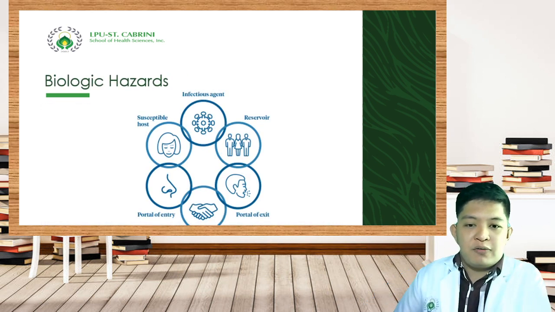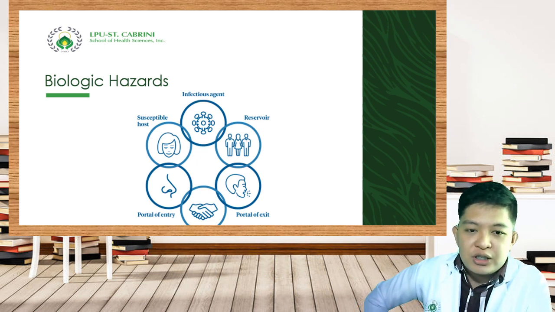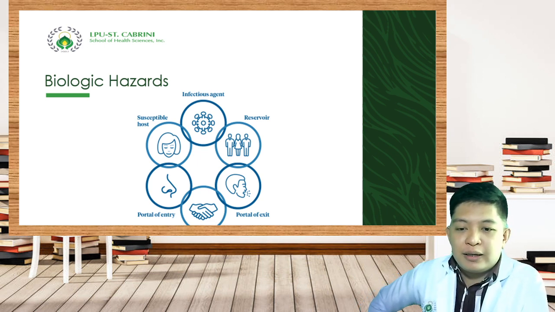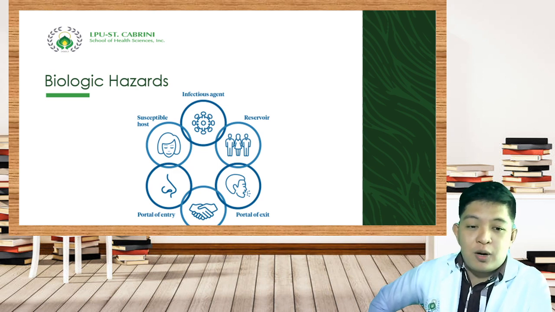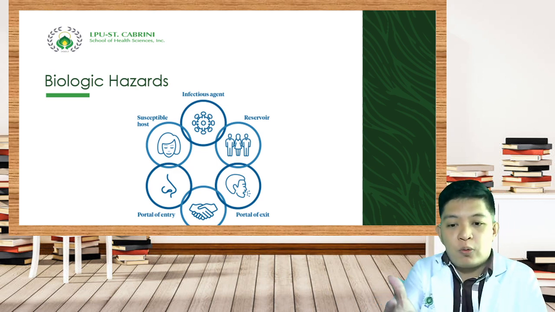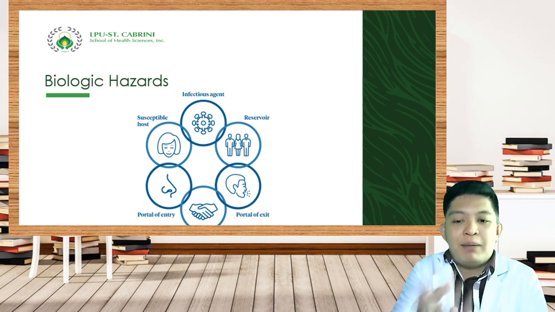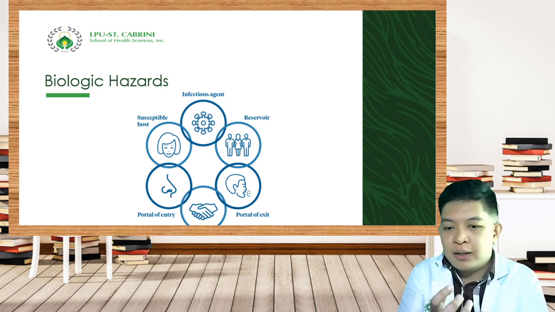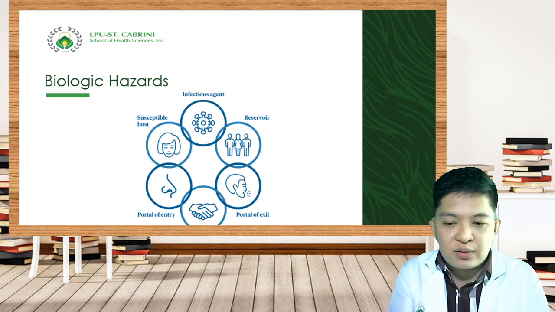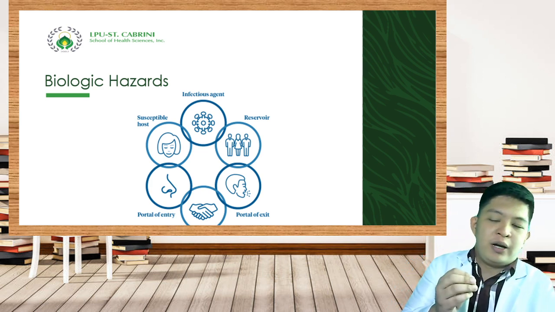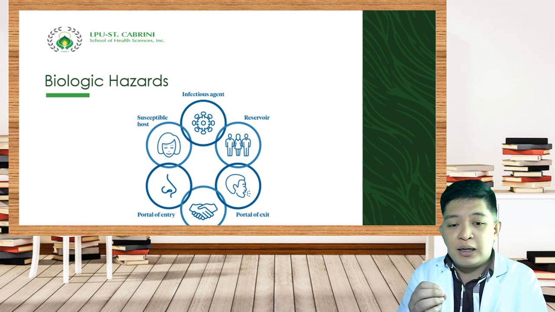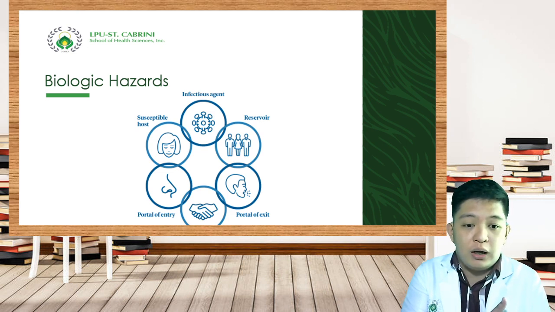In the chain of infection, we have the infectious agent, and that will be your bacteria, fungi, virus, and parasites. Reservoir: the reservoir can be you, a person, or a thing in the hospital. Fomites are considered a reservoir. When we say fomites, these are hospital items that have become contaminated from an infected individual.